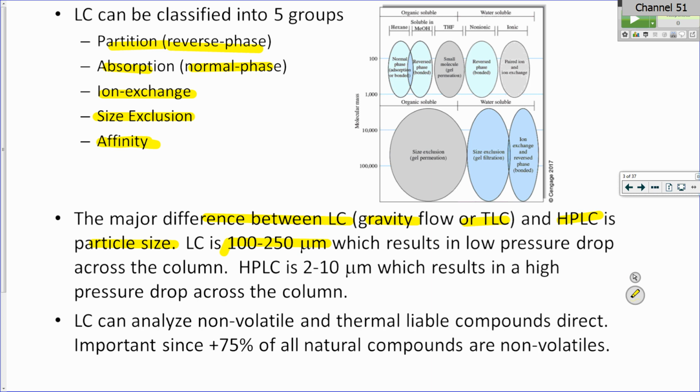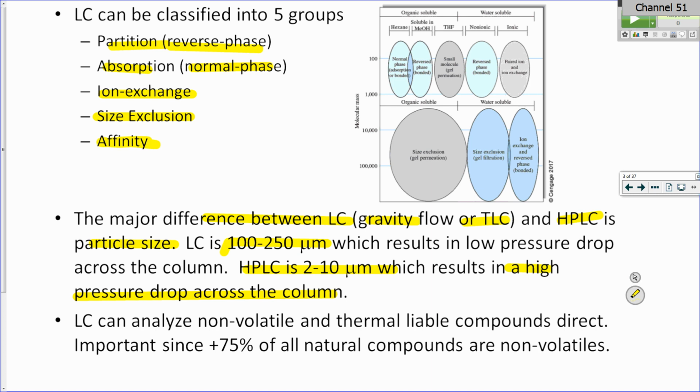In HPLC, we decrease the size of the particles substantially, and because the particles are now close to one another, the pressure drop to push the analyte across the column is quite high. So the original name was high pressure liquid chromatography, and then it changed to high performance because the peaks got so sharp. But it takes a pump. It takes pressure to get things across.